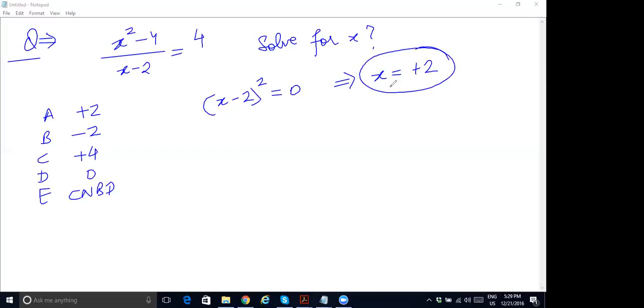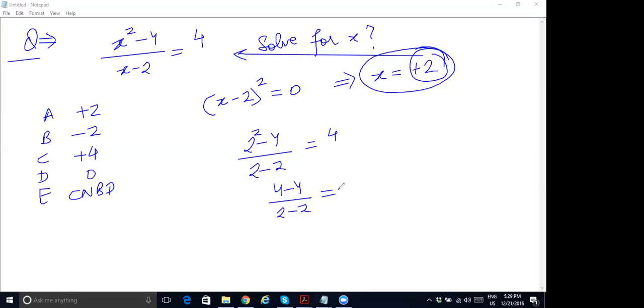But the moment you put the value back into the equation given to you, what will you get? 2 square minus 4 over 2 minus 2 is equal to 4. That is 4 minus 4 over 2 minus 2, or 0 over 0. This is not possible.